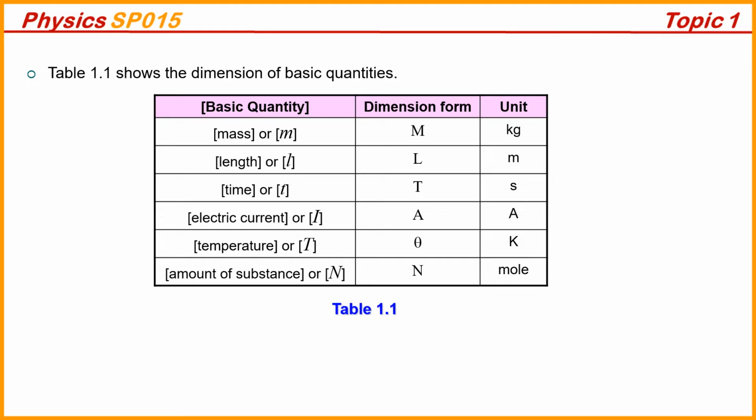And for the amount of substance, the symbol is N, and the dimension symbol for amount of substance is also capital N.